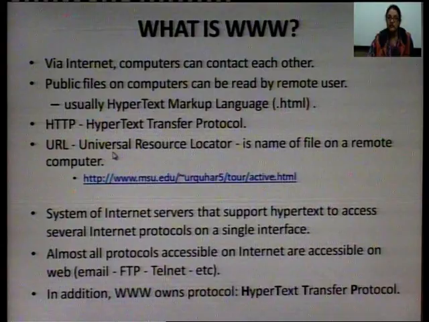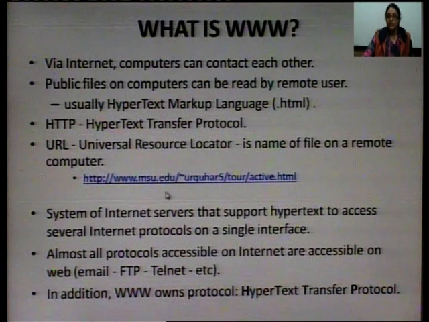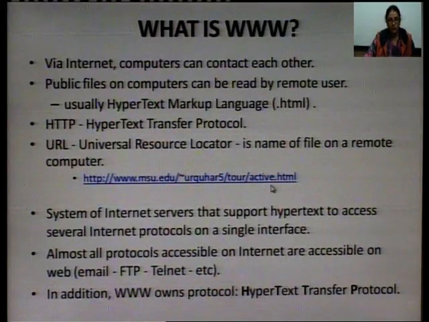URL, that is Universal Resource Locator, is the name of the file on the remote computer. This is a simple example of a URL that indicates a particular file that is located at some remote computer.